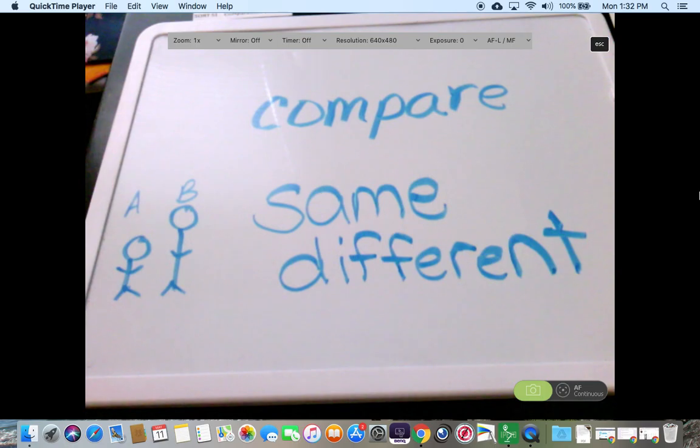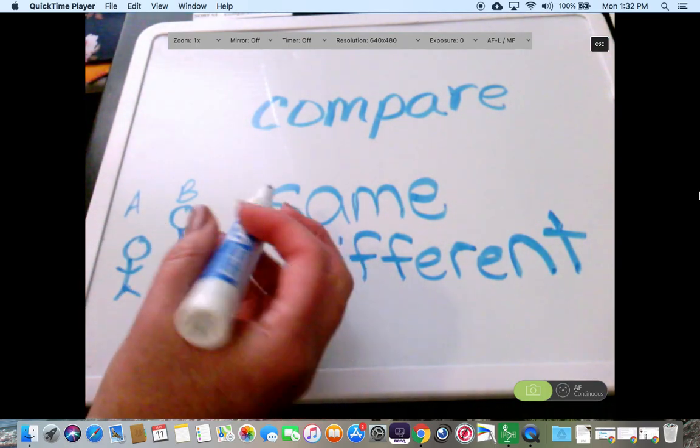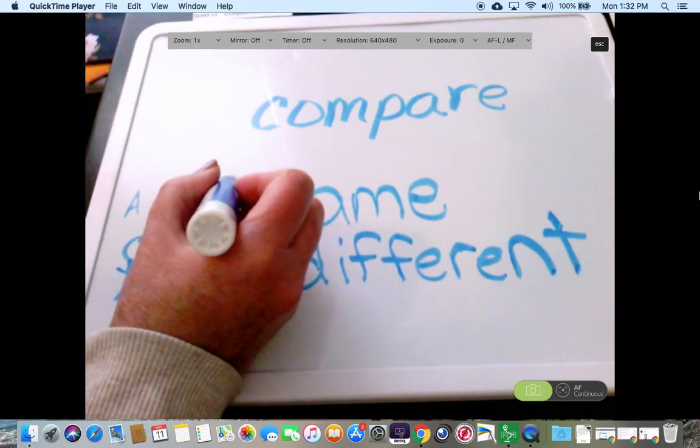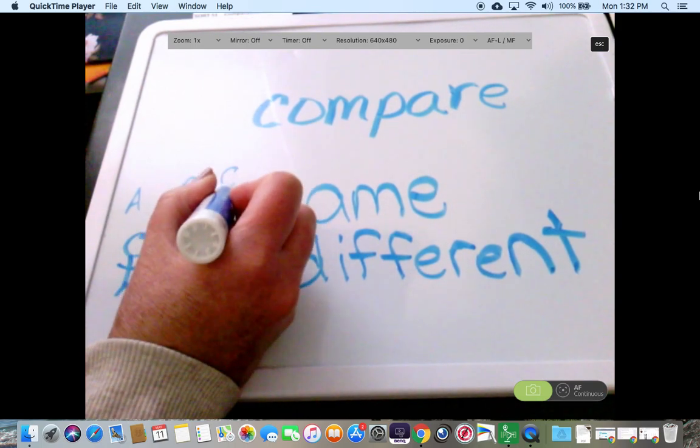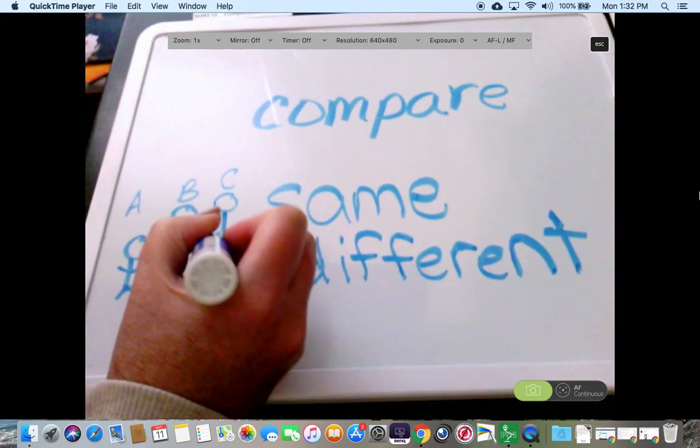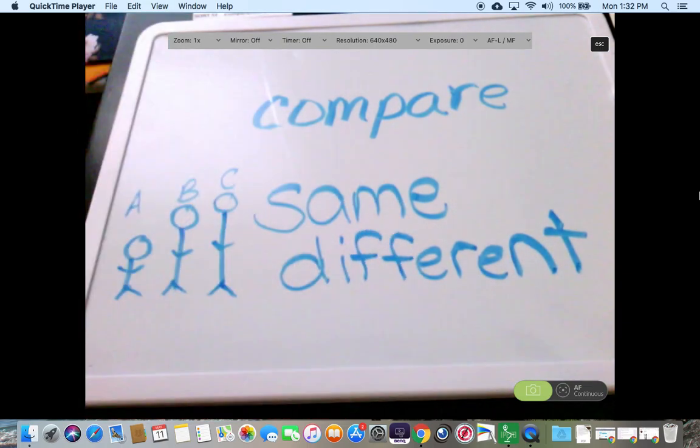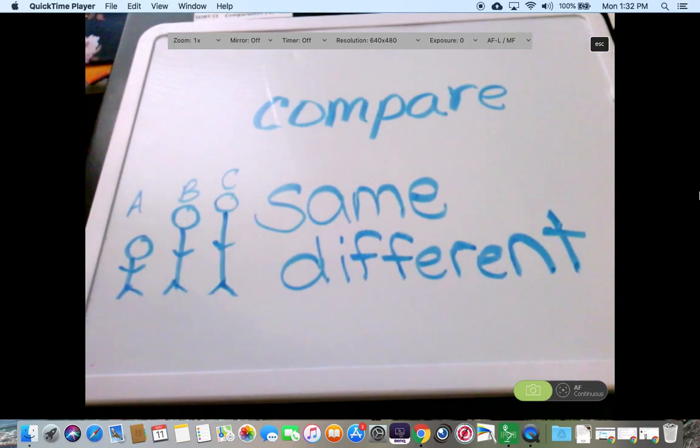I'm comparing them, right? But what if I put in a third person, person C, how would I compare them? What would I say? I want you to just think about a statement that you could make now adding in person C. So you might say person C is taller than person A and B. Another thing you could say is person C is the tallest.